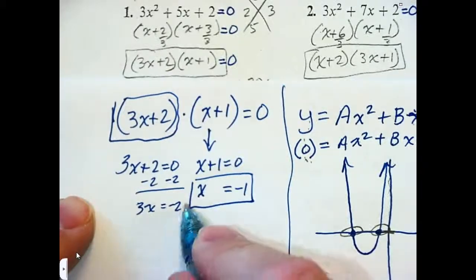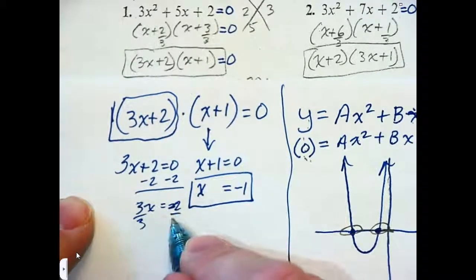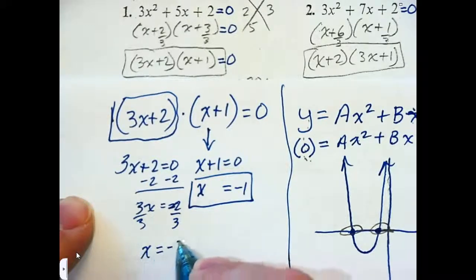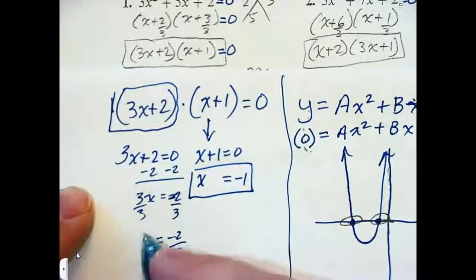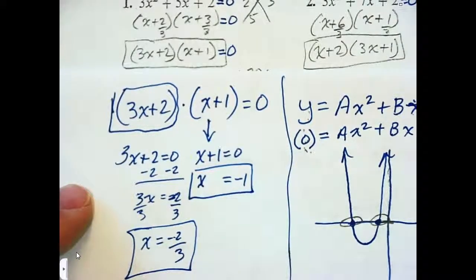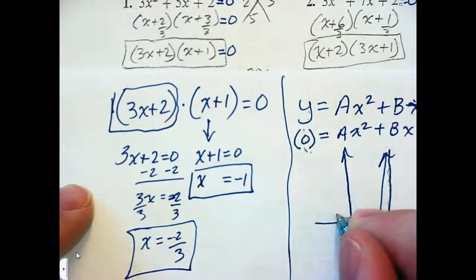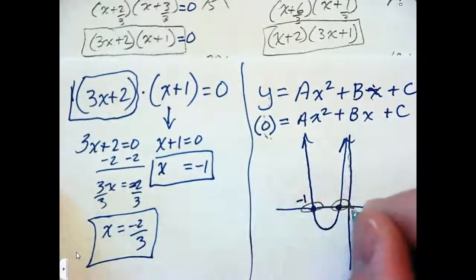And then we divide by 3. When we divide by 3, we get that. You could just state the 2 steps. I subtract 2 and divide by 3. That's your answer. Okay? Those are my 2 solutions. That means this graph crosses at negative 1 and negative 2/3.